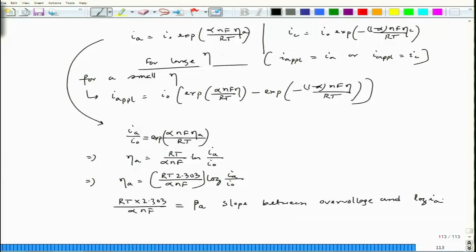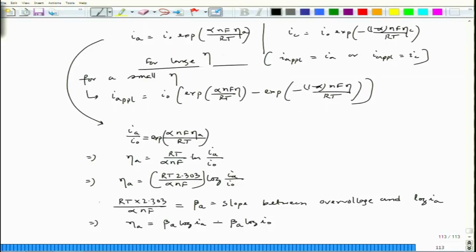The plot is basically a slope between overvoltage and log Ia, and this we can relate in a linear equation: eta A equal to beta A log Ia minus beta A log I0.